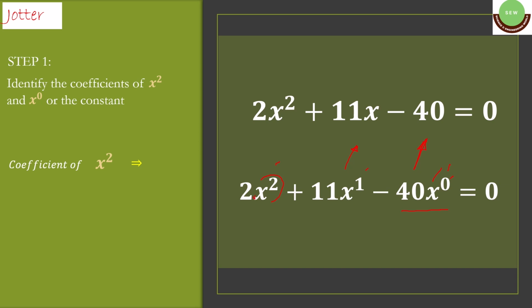So when we remove x squared from here, what we have left will be 2. Also, the coefficient of x to power 0 is, again, removing x to power 0, what do we have left? What we have left will be minus 40.